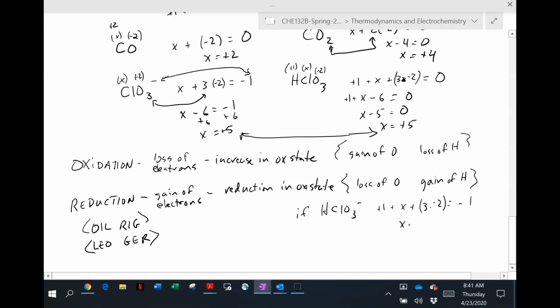So X minus 5 is minus 1 now, so X is plus 4. So you see that adding a hydrogen to chlorate with its electron, where the negative charge stays there, gives you a reduction in the oxidation state. It goes from plus 5 to plus 4. Without that, the oxidation state didn't change if we just added the hydrogen as H+. Okay, so that's the difference between those.